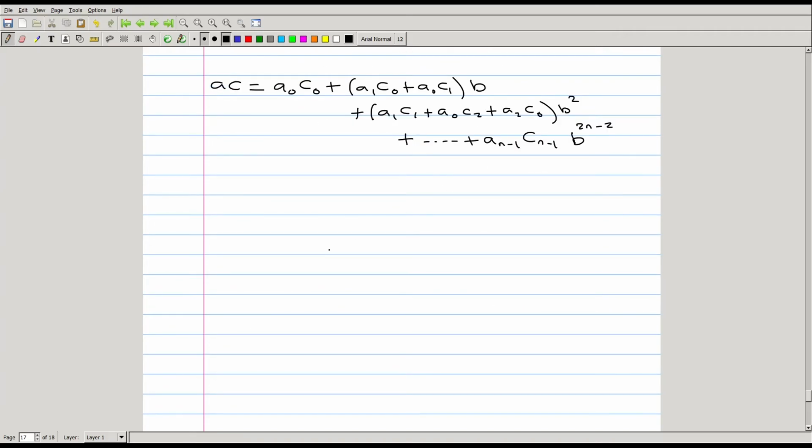And so to help us simplify a little bit, I'm going to introduce an expression s for the coefficients here.